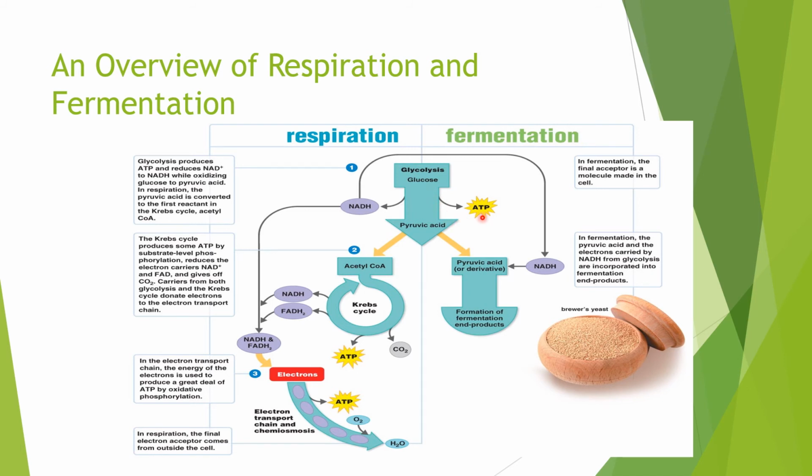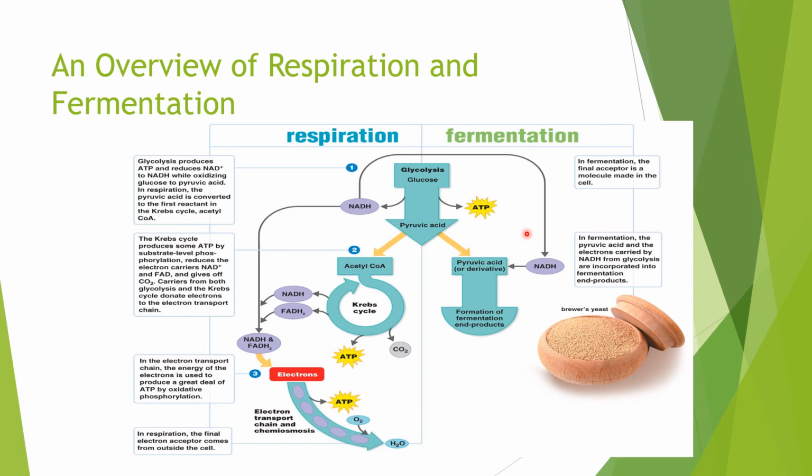We produce about 2 ATP molecules, and we also produce something known as pyruvic acid. Now, during fermentation in humans, pyruvic acid is turned into lactic acid. And the lactic acid, as it starts to accumulate in your muscles when you're working out, is going to cause pain.